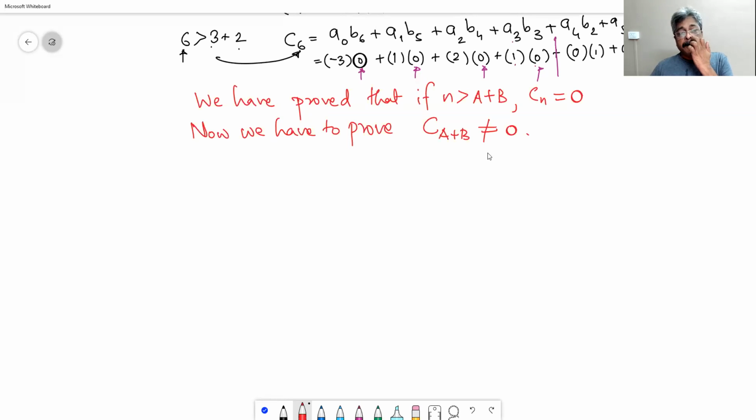If this happens, then the polynomial C of x will have degree A plus B, because that is the highest power x term whose coefficient is c_(A+B), and definitely this is not 0. That is what we have to prove now. If we could prove this, then by the definition of degree, the degree of C of x will be the degree of A plus the degree of B.